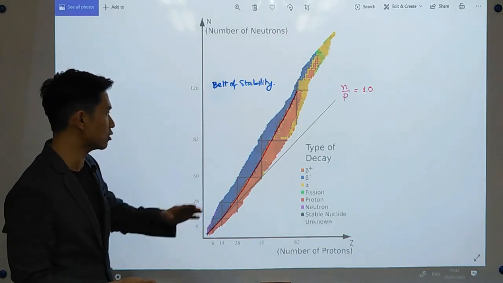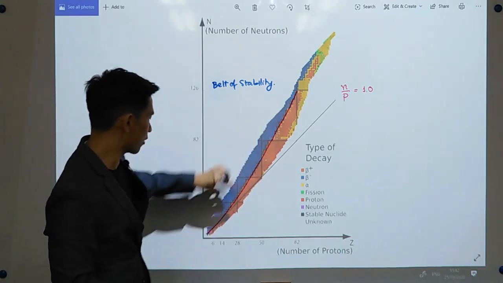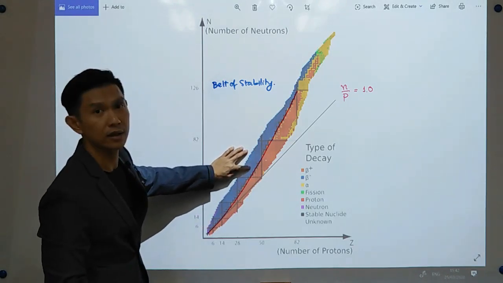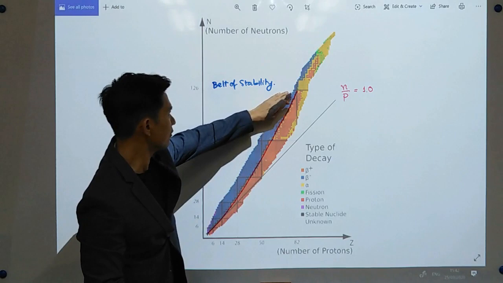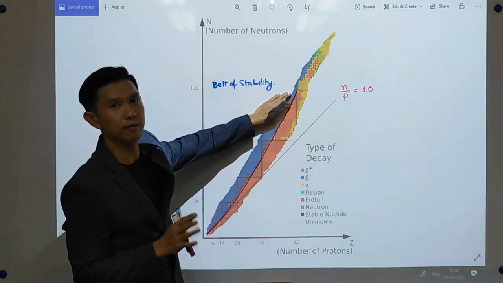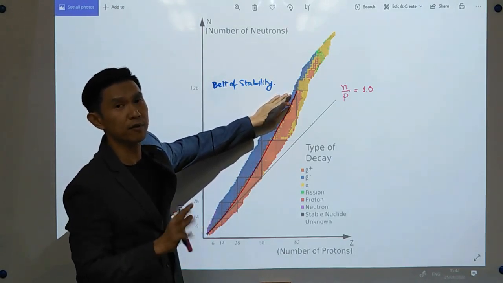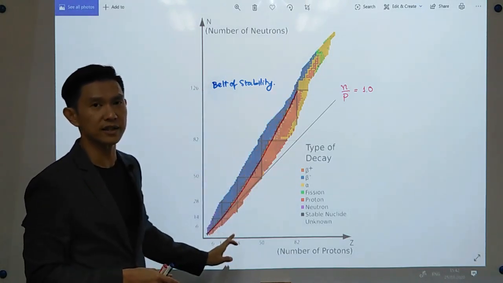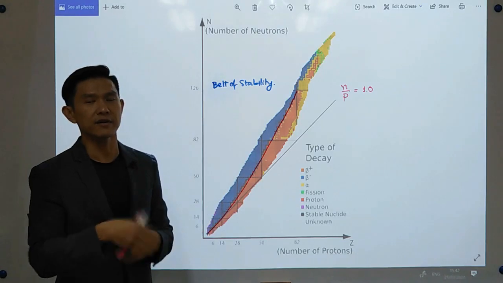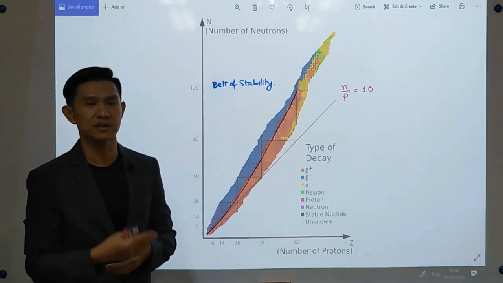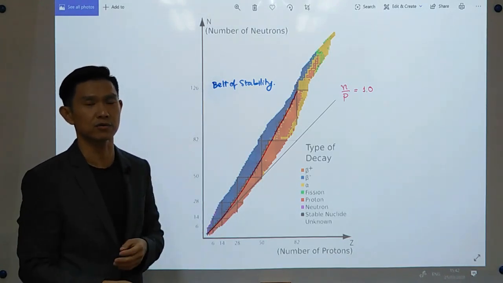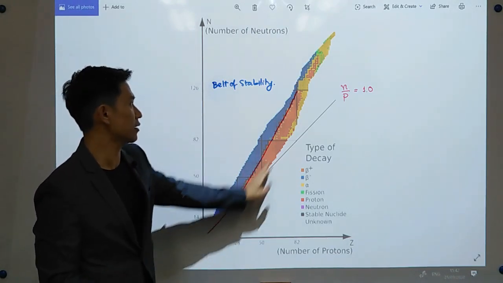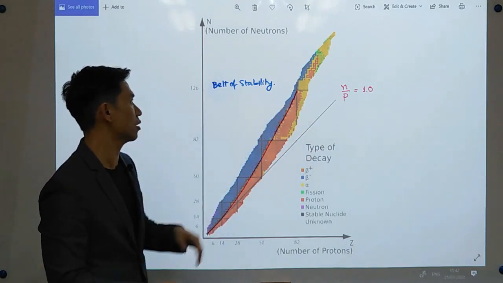So the ratio of N to P is increasing from 1 to 1, to 1 to 1.1, 1.2, 1.3. And then above here it is about 1.4, 1.5, around that. So this is the belt of stability, indicating that with a higher number of protons, you need an even higher number of neutrons. And the ratio is increasing from 1 to 1 to about 1 to 1.5, right?